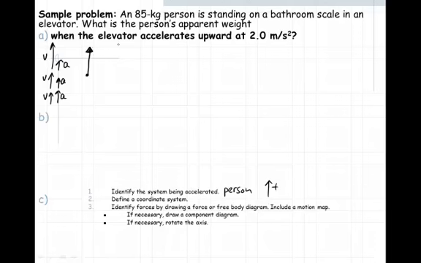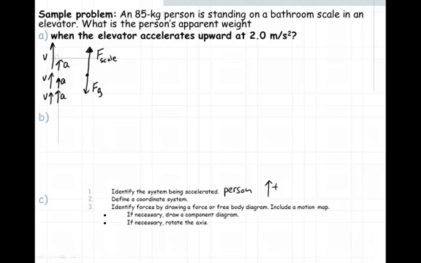Now, a force pointing upward will be the force that the scale is providing onto the person, and our force pointing downward will be the force due to gravity on the person. So once again, notice that this force, the scale, has a larger force than the force due to gravity.